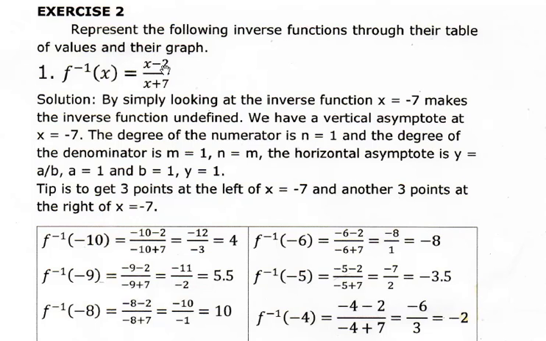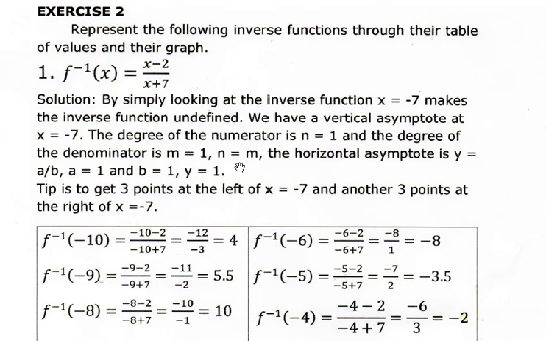The highest degree of x. Let's call n, as in November, the degree of the numerator. So n here is 1. And the degree of the denominator, m. M here, the power of x also is 1. So we have n equals m, or simply 1 equals 1.